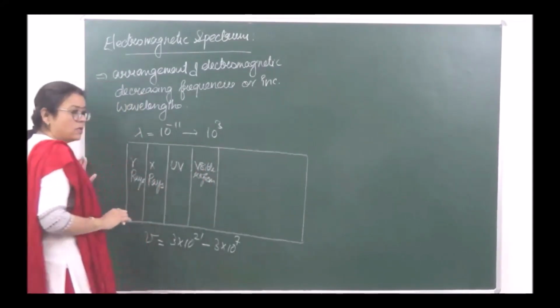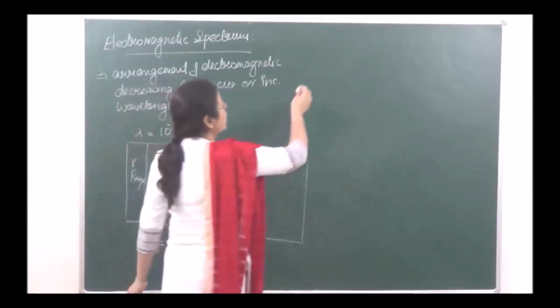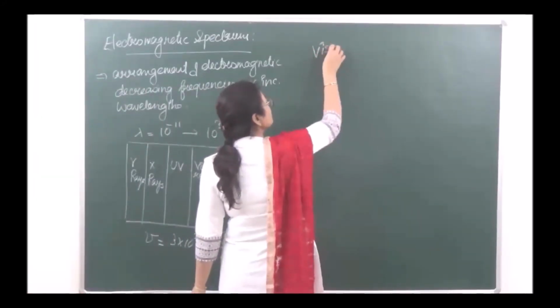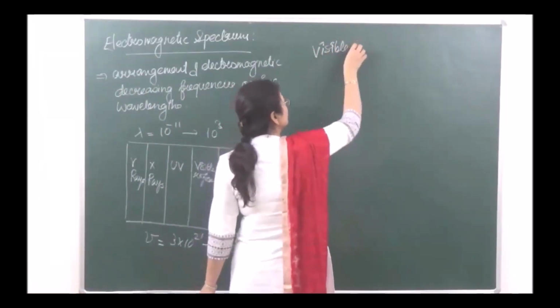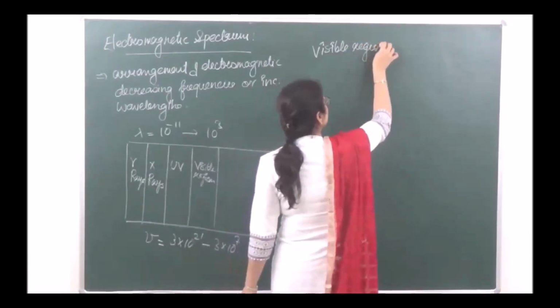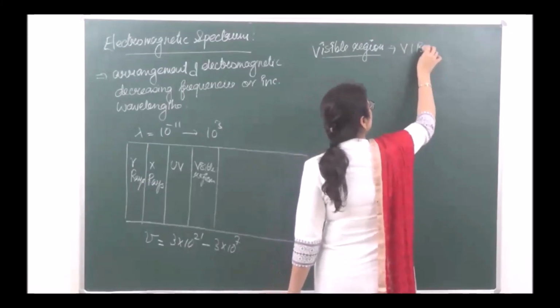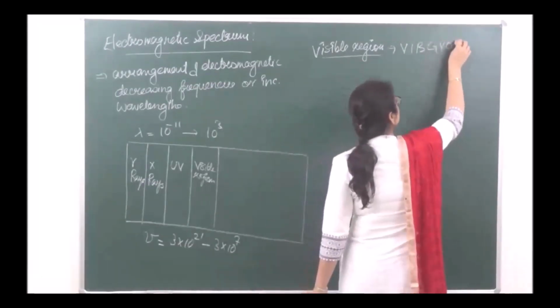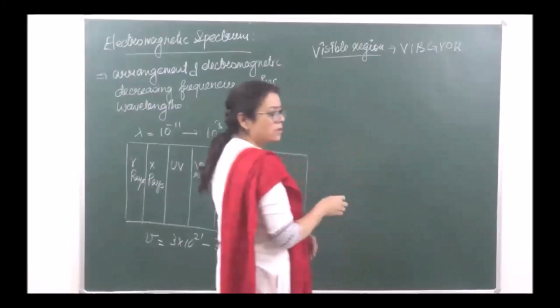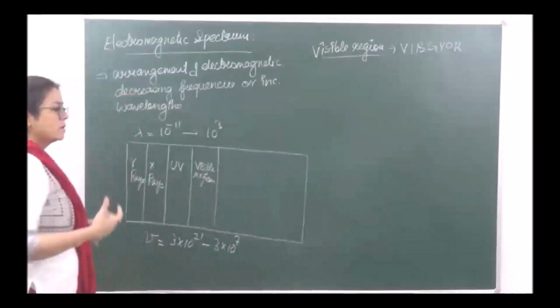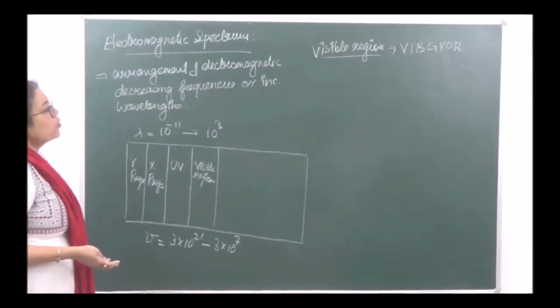The visible region consists of different colors representing the colors of a rainbow, that is Vibgyor. Right? And Vibgyor means what?